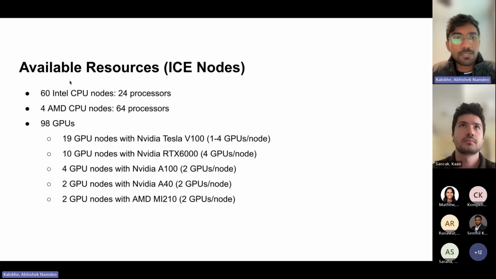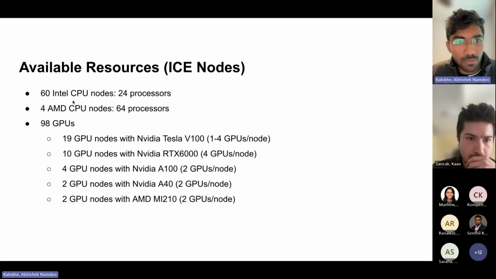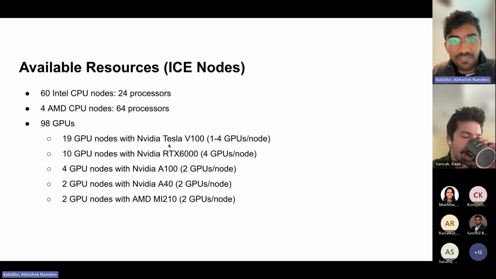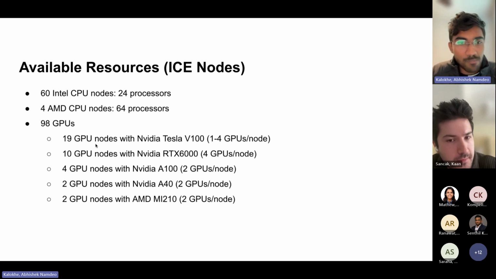On the IC cluster, I'll just give you an overview of how the cluster is. It has 60 Intel CPU nodes with 24 processors each, so 24 CPUs each and 60 such nodes, and 4 AMD CPU nodes with 64 processors each, and 98 GPUs in total with 19 GPU nodes with NVIDIA Tesla V100s, which have 1 to 4 GPUs per node.